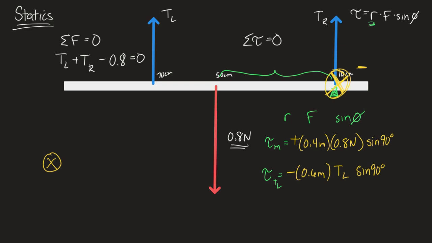This is definitely the direction that one's making it go, and this is definitely the direction that one's making it go, right? You just do that and say one's positive and one's negative. The right-hand rule is something I want you to know, but you can reason out that one of these is trying to make it go in one direction and the other is trying to make it go in another direction. David?